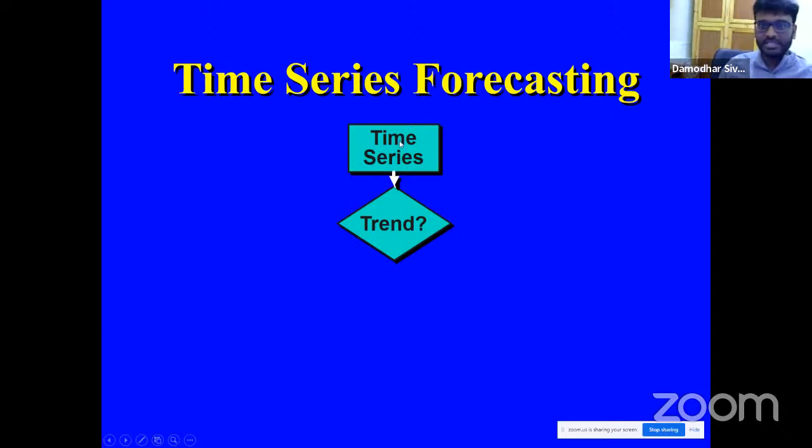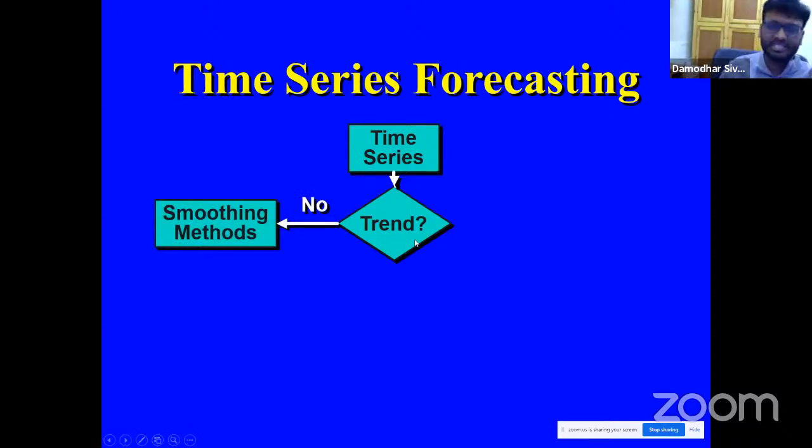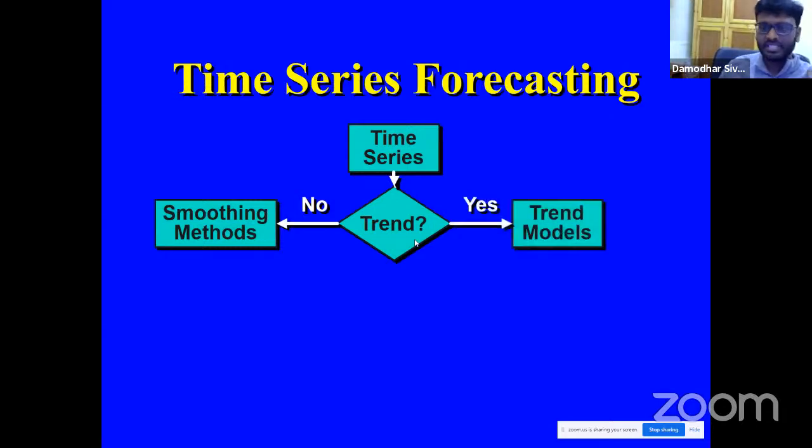If you have time series data, for example you collected the data with equal spacing, meaning at equal intervals of time, then once you get the data, we have to see whether the data has some trend or not. If there is no trend, there are very basic methods called smoothing methods. You can apply those methods, then you can forecast. If the trend is there, we have to use trend models, because we have an uptrend or downtrend. Some data will not have any trend.